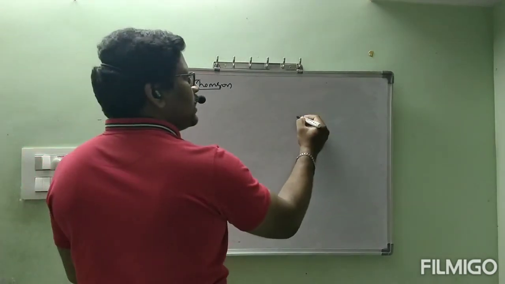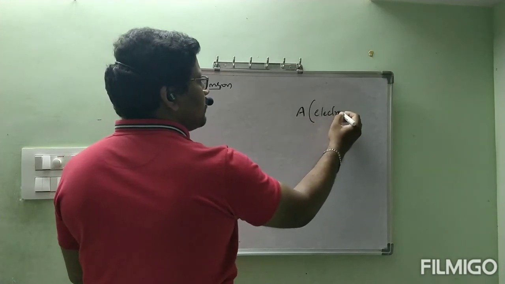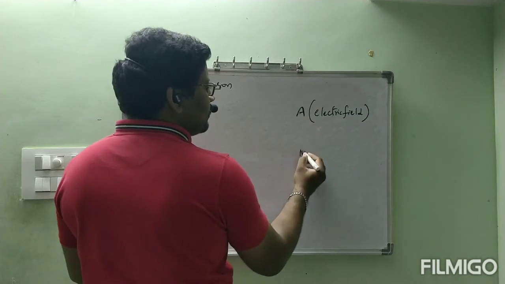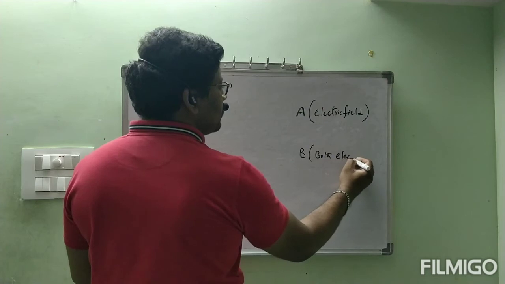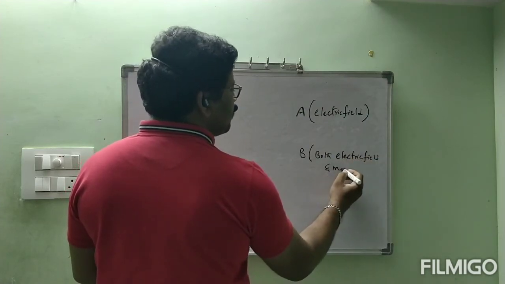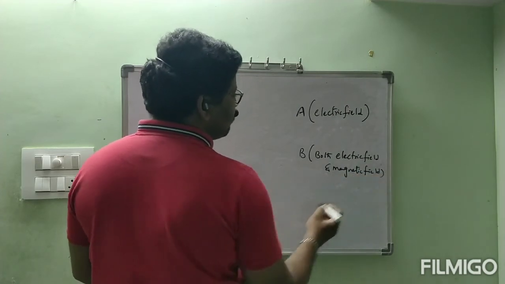Observe. A point is because of application of electric field. B point is because of both electric field and magnetic field.